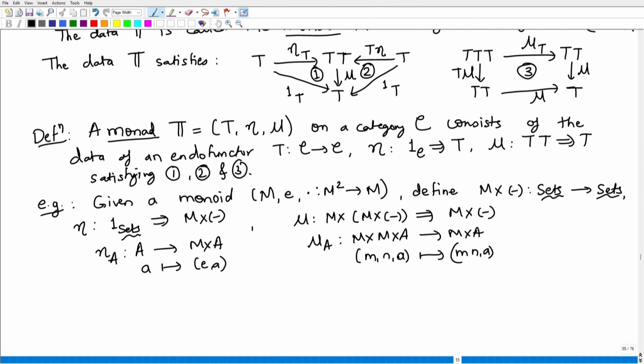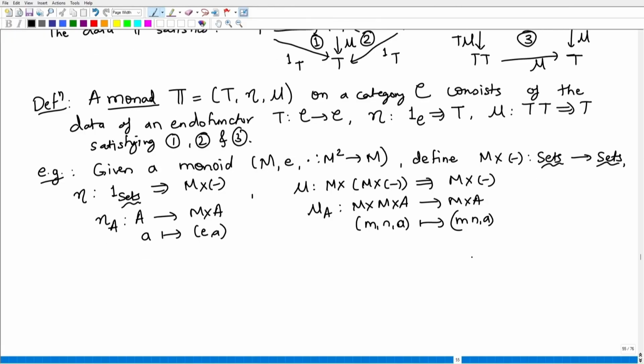Can you understand that this is the free action of the monoid? I mean the free monoid act generated by set A, M cross A. Yeah, don't worry, A is never touched here. Everything that is happening is only happening inside the monoid.